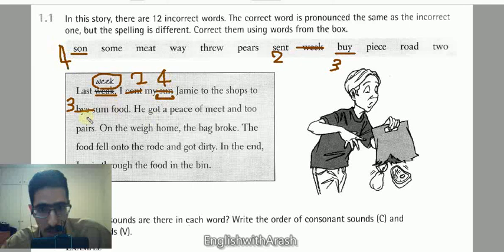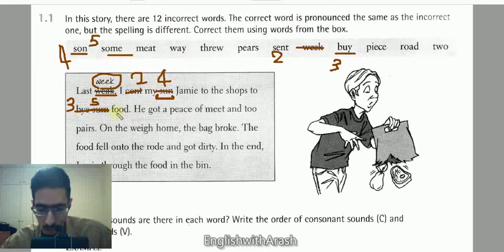Rayhana says shop. Shop is okay. Is there a problem with shop? No. Hania says son. S-O-N. Good. Some food. Yes, some food. S-U-M. No, S-O-M-E. This is number 5.